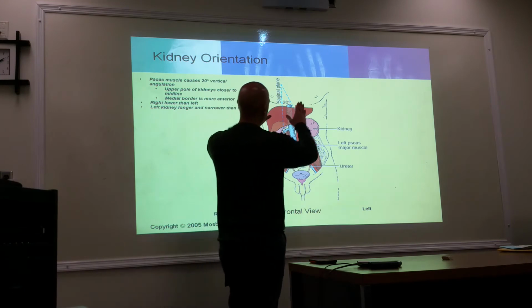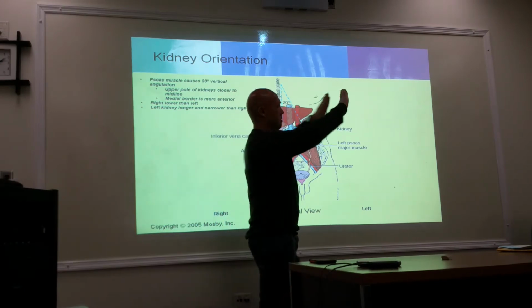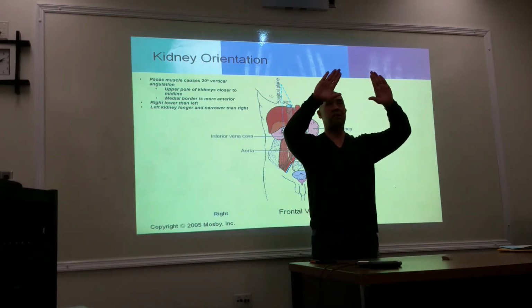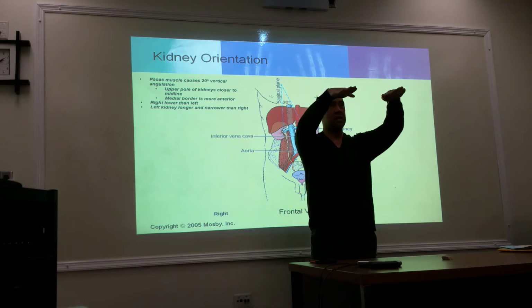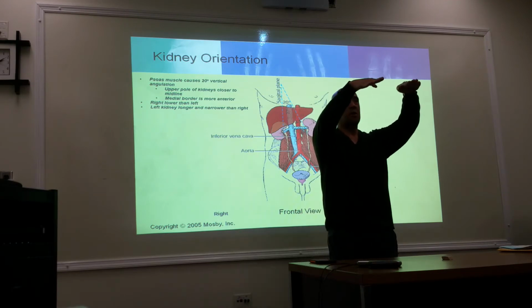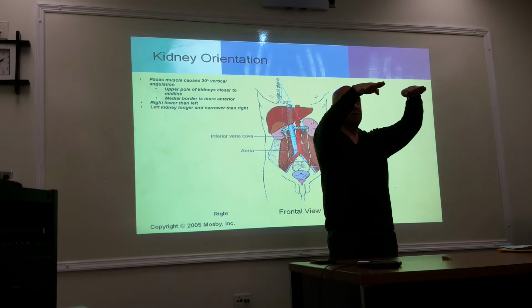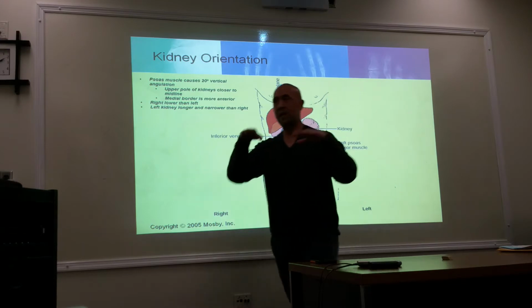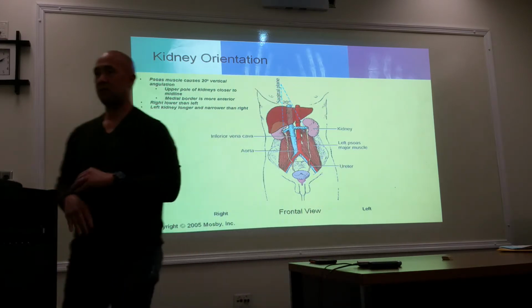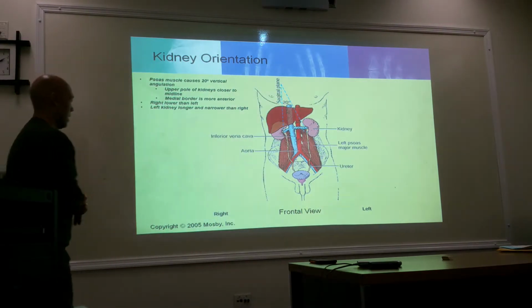So not only are they like this, but if we're looking at it from the bottom up, they're also like this. They're not flat, they're turned this way. So keep that in mind when we're talking about positioning here.